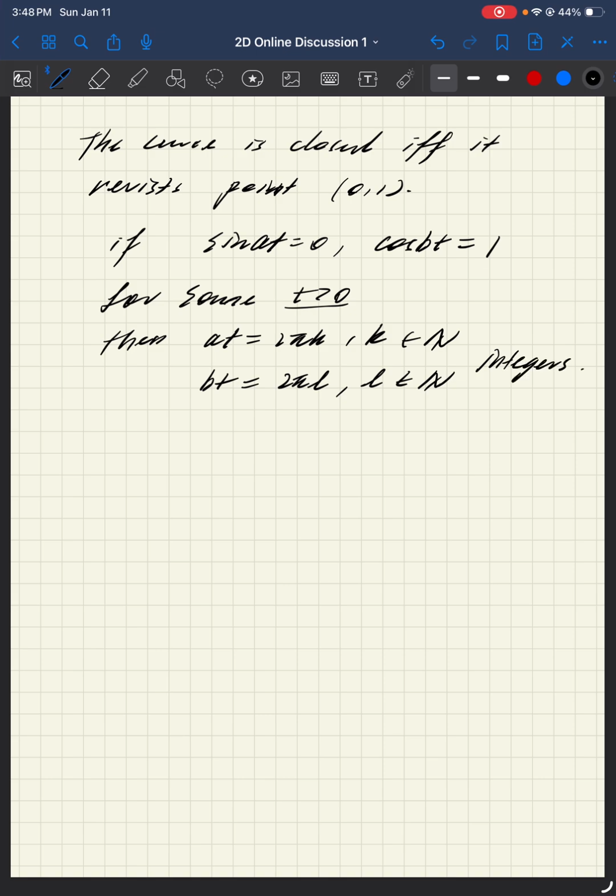Great. So what is neat? We can now consider the ratio between a and b, which is just the ratio between at and bt, which is 2 pi k divided by 2 pi l, which is going to be k over l. And this is a rational number.